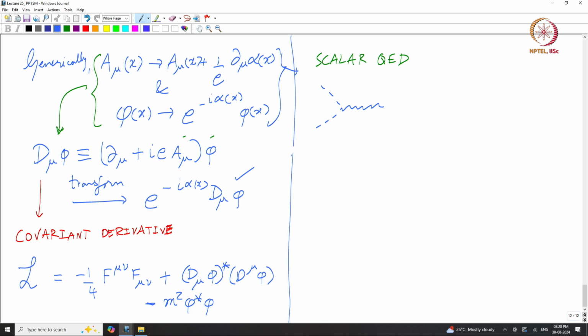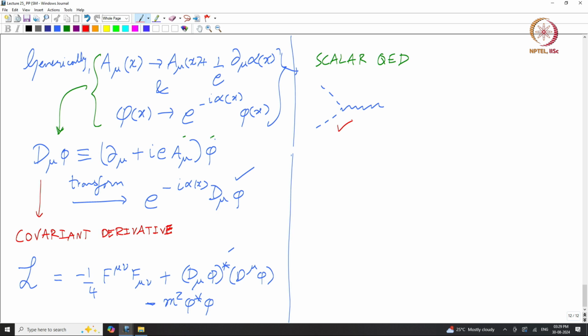Where does the term come from? Take the kinetic term. Okay. So I have one over here, I have one photon and one scalar, but then I hit it with another d mu phi. From there I can pull out another photon, correct. So two phis could hit a photon. So this is totally allowed.